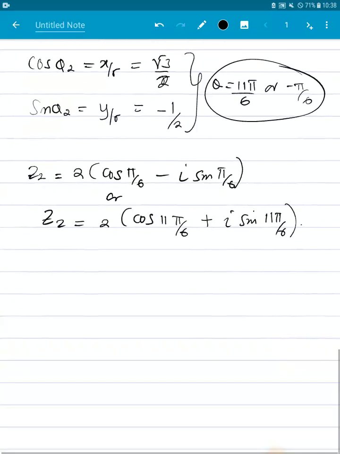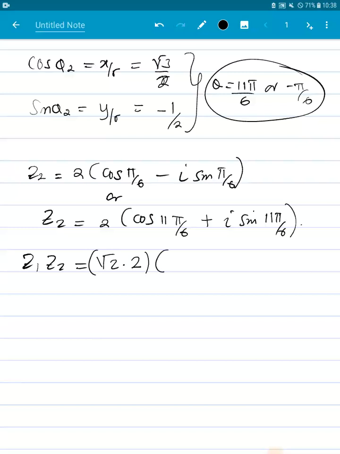So now it doesn't matter whether we multiply the first one with either of these two. We've got z1 and z2. What do you have here? We have the first one, and we know that it was root 2. You multiply the moduli, then you add the arguments.